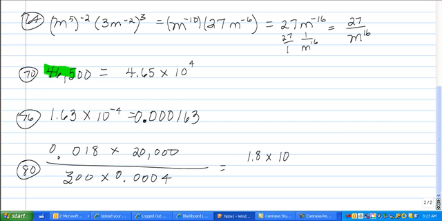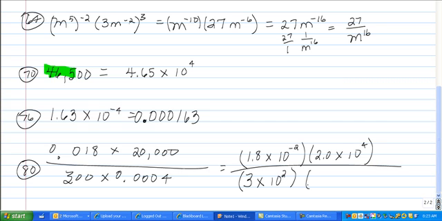So 1.8, we need to move it 2 places to the right, so that would be a negative 2. And then 2.0 times 10 to the 4, positive 4. And then 3 times 10 squared for the 300. And then 4, put the decimal in there, times 10 to the negative 4.